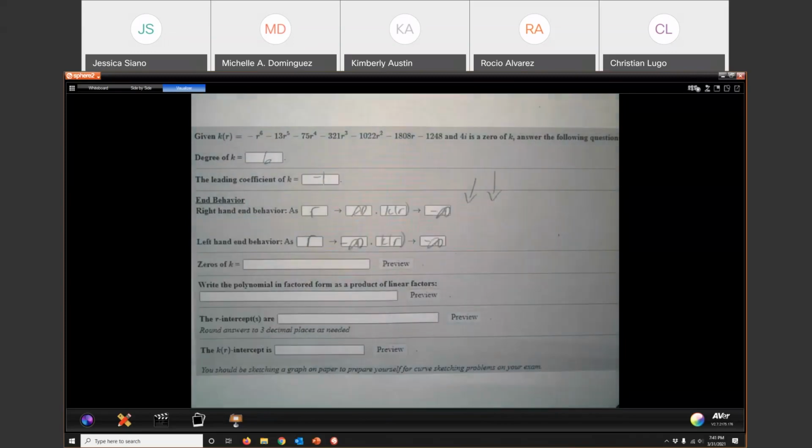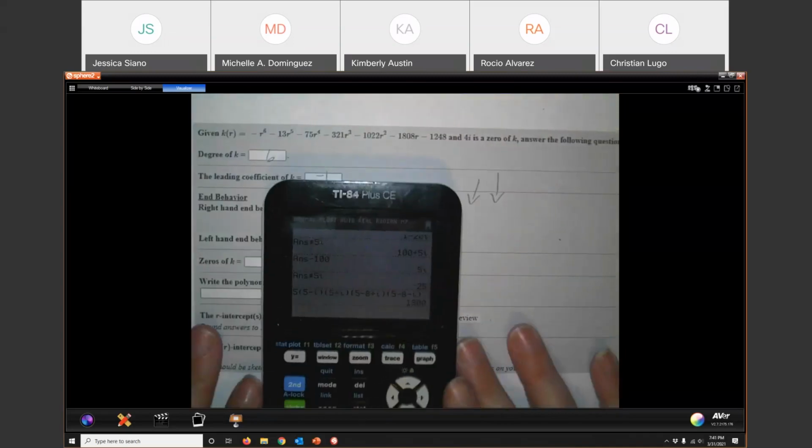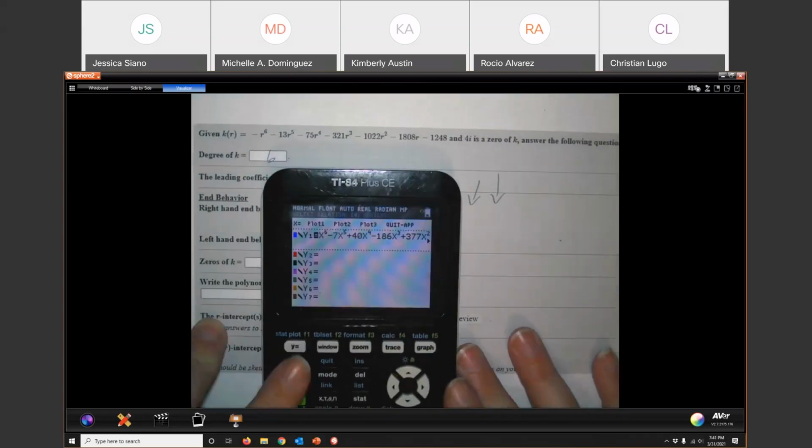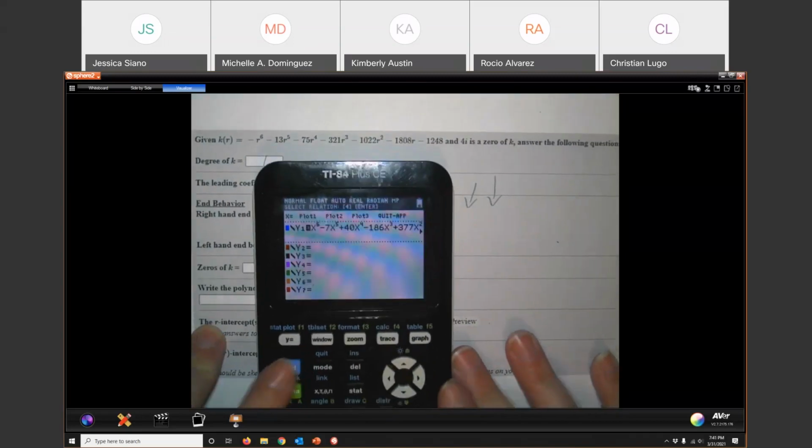I am, again, going to graph this. So let's see if we can get any roots from the graph.